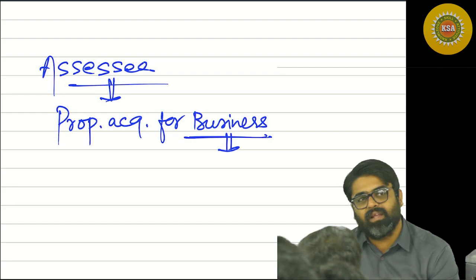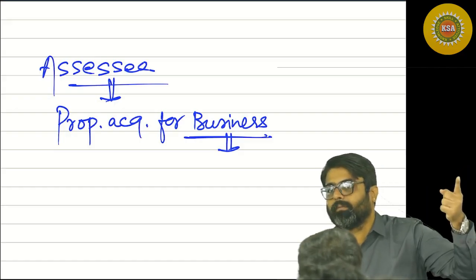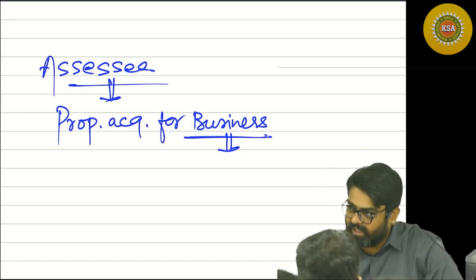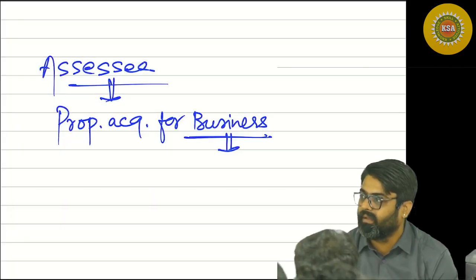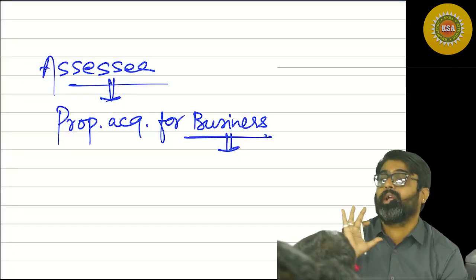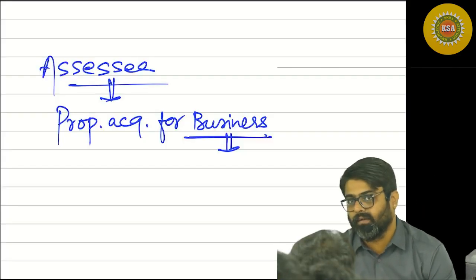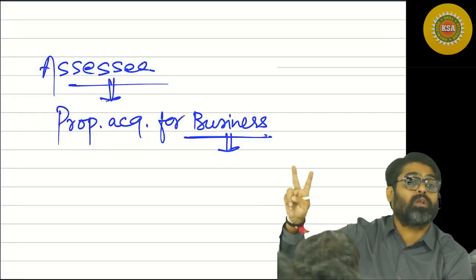If my business is to buy and sell the property, and the property is held as stock in trade, that is a different case. The case which I told you right now is a different case. Number one, do you have a property? Yes. Are you the owner of the property?